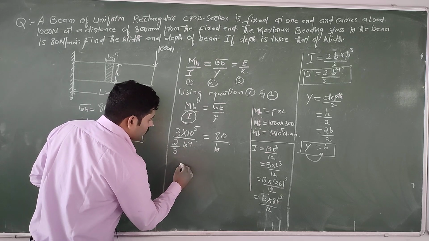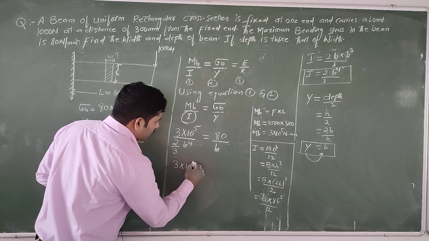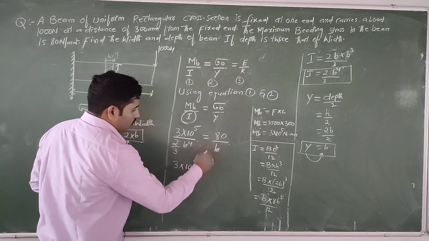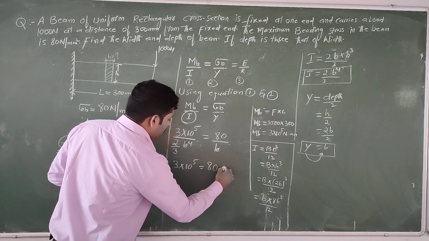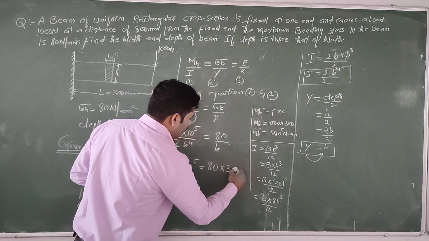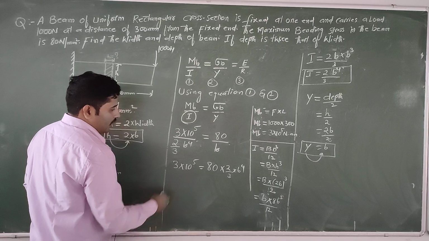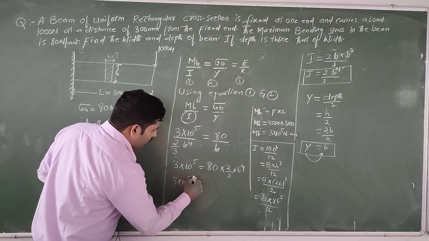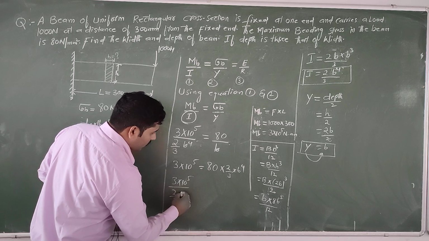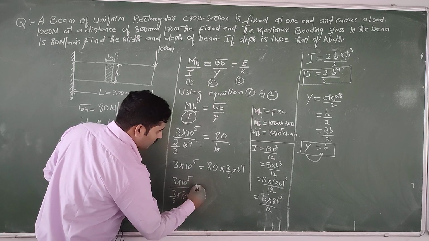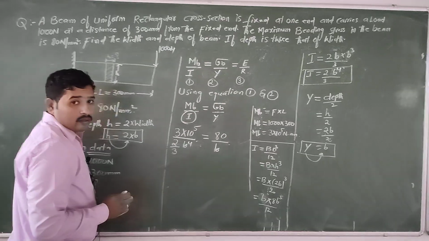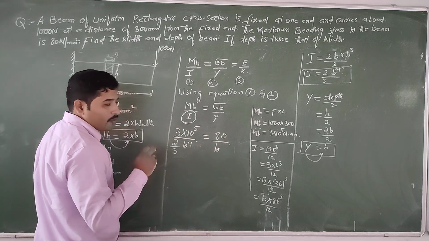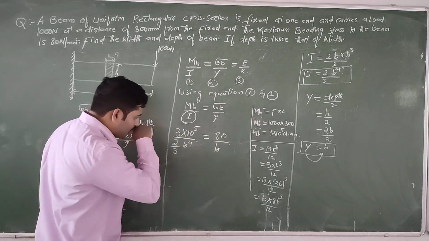Then 3 into 10 power of 5 equal to 80 into 2 by 3 into b power of 4. Is it right? Then 3 into 10 power of 5, keep as it is, 2 by 3 into 80. Then this b and b will cancel, remaining should be b cube. Is it right, Nadia?